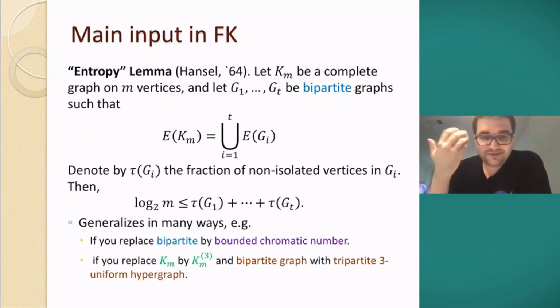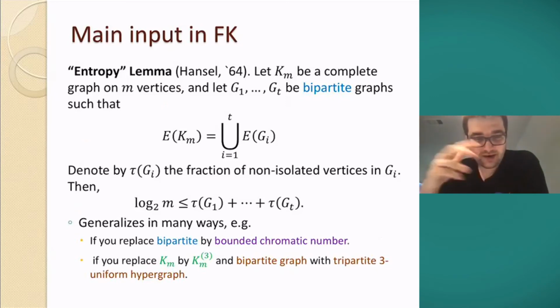If you're familiar with things like the Loomis–Whitney inequality, even though this proof is kind of stupid, it has a feeling related to Loomis–Whitney, so it's maybe not a complete shock that you can also recover it with an entropy lemma like this. So this is what you do if you replace K_m with the 3-uniform version and try to apply this. It seems like there's really some kind of obstruction to saying something for K equals 3 with this method.